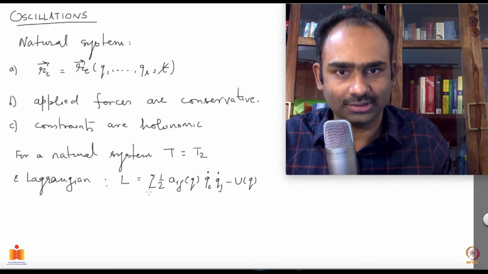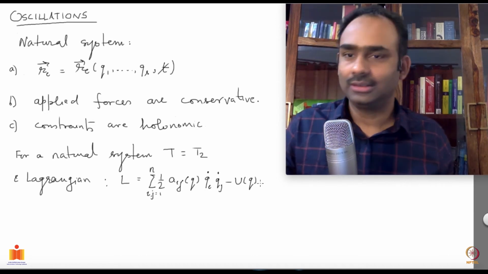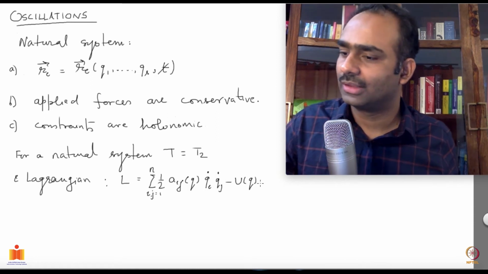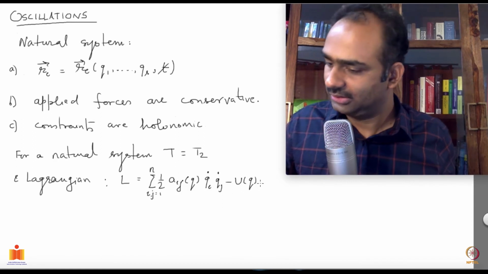Let me put a summation, 1 to the total number of degrees of freedom. Okay, that's the definition of a natural system.